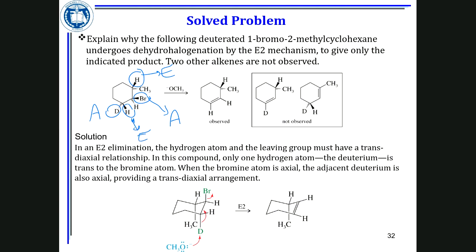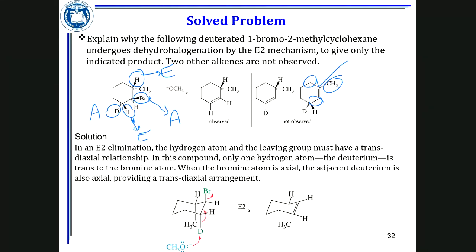So if the axial equatorial was not a question, this product would have been the better product because you get more alkyl group, more carbon around the C=C double bond. But since diaxial position is important for cyclohexane, if bromine is coming from axial, the hydrogen must come from the axial.